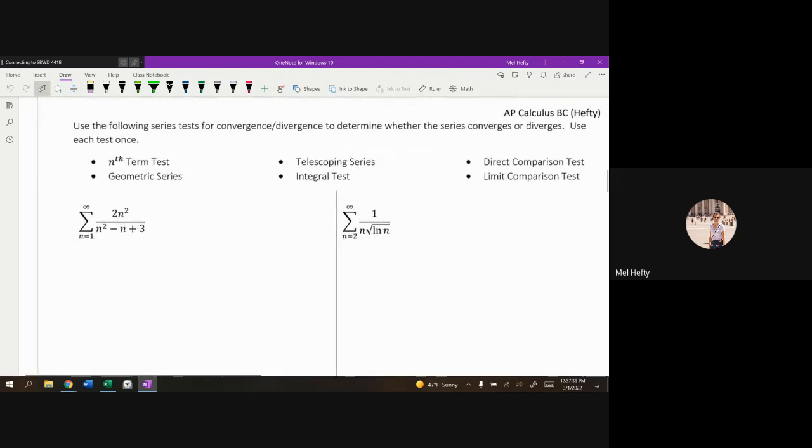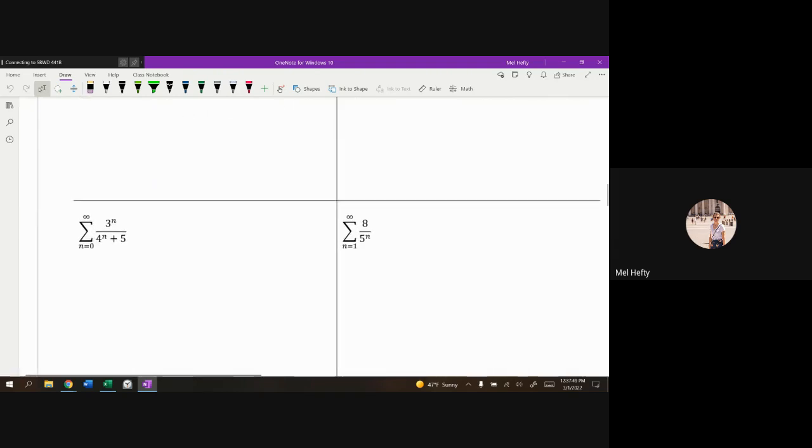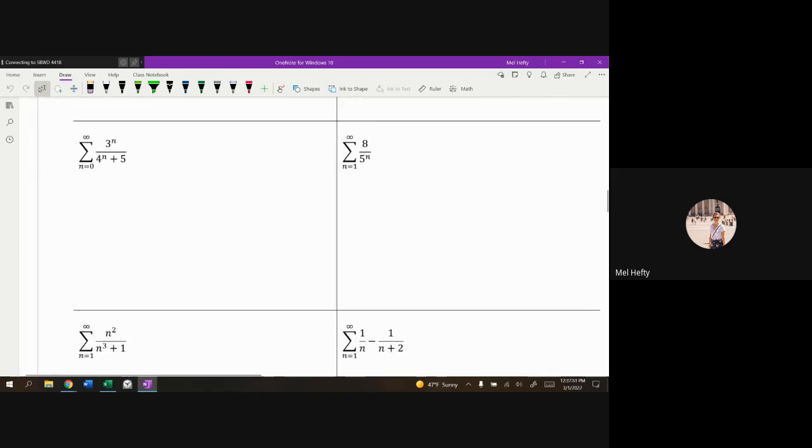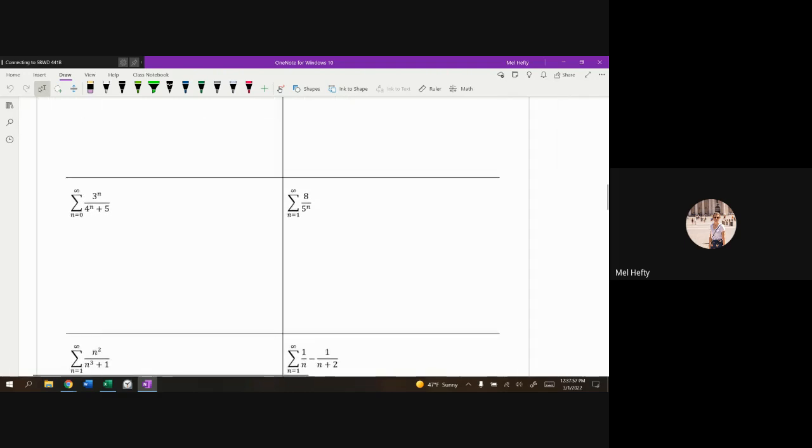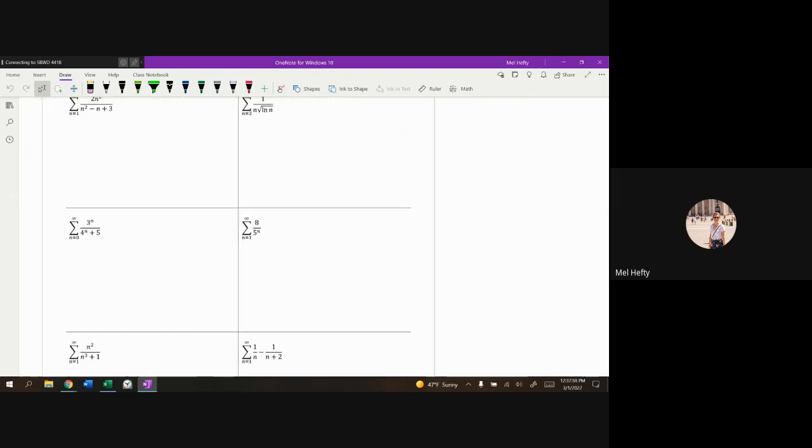Then I would look for series tests that I don't normally want to use. For me, those 2 are direct comparison and integral test. For direct comparison, I would look for something that looks like a series I know, but is a little bit different. Does anyone see one that might work? I think there's 2 that might work. Which one on the left?